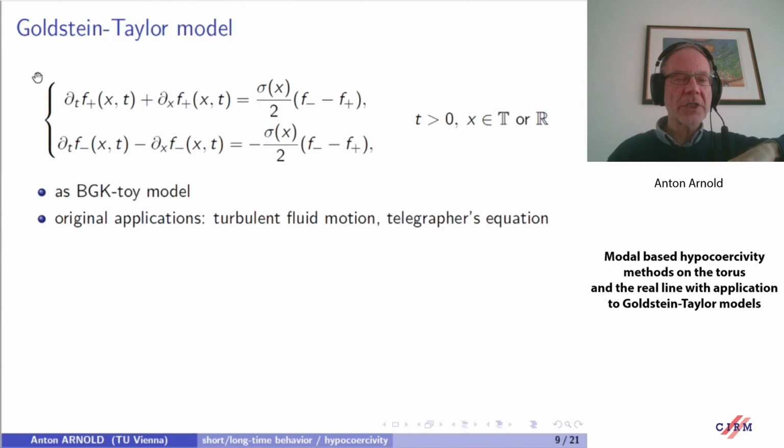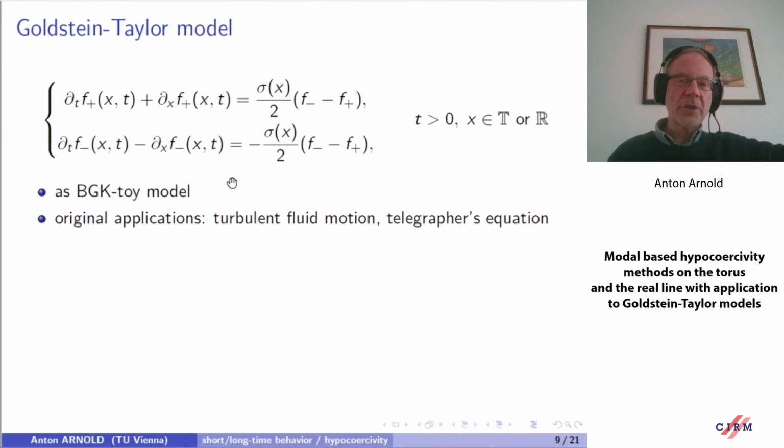So here is the Goldstein-Taylor model. We're in 1D, x is the spatial variable. I will discuss that in two different settings, first on the torus and later on the whole real line. So we have two species of, say, particles. One, those with the plus that move with velocity 1 to the right, the other one with velocity -1 to the left. And we have a relaxation rate that may or may not be space dependent.